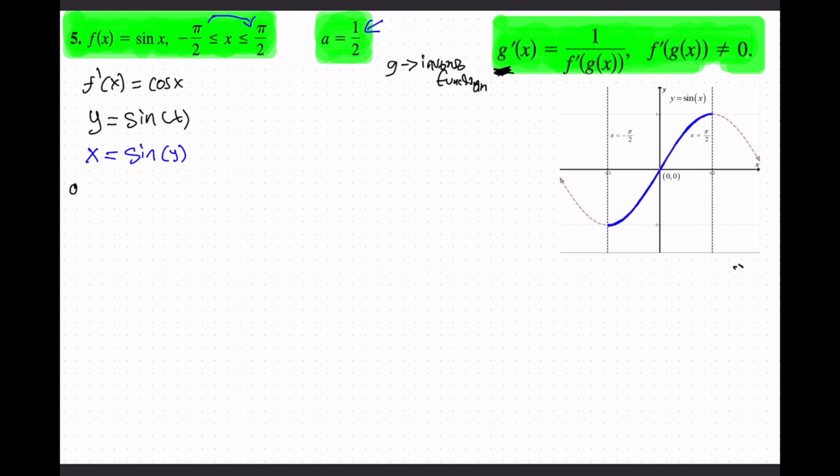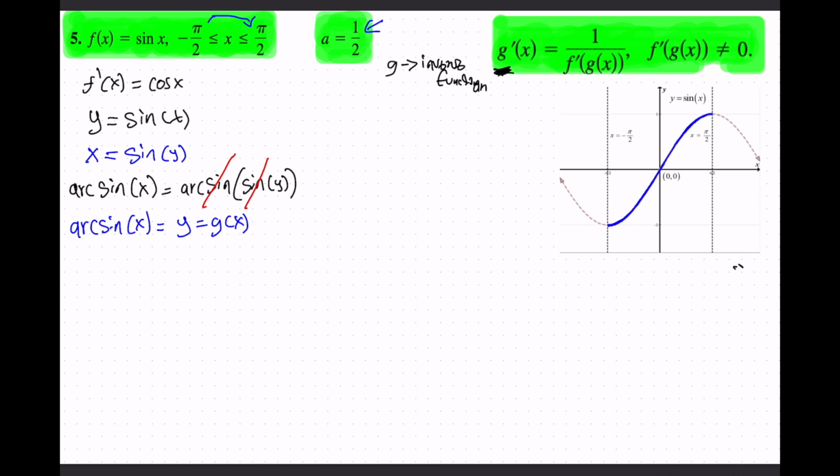I need to take the arc sine of x and the arc sine of sine y. So I took the arc sine. Just remember, sine and arc sine cancel each other out, and I'm left with arc sine of x, which equals y. And that is my inverse function, which, as I mentioned before, is called g in our problem.